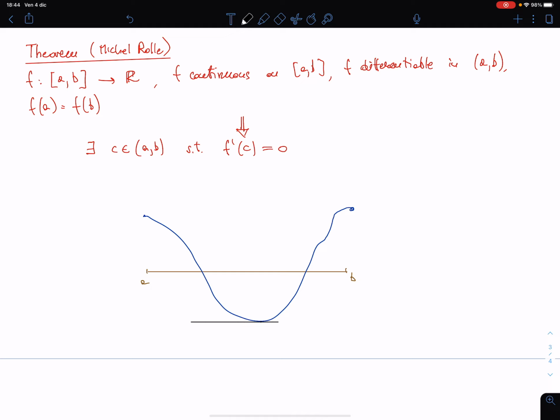You can see it also kinematically. If you have to move from a certain level and then arrive at the same level, so move from a certain point and arrive at the same point, sooner or later you have to invert your motion. This can happen also many times.